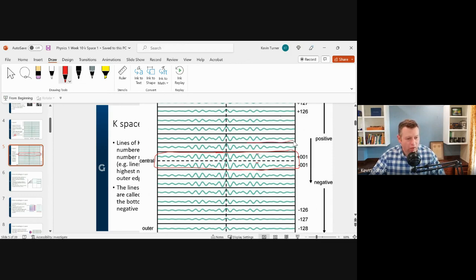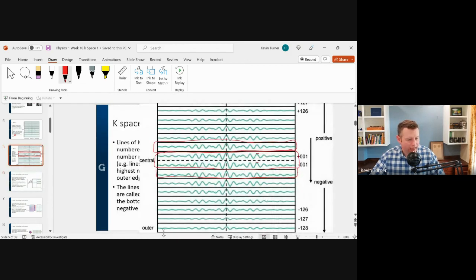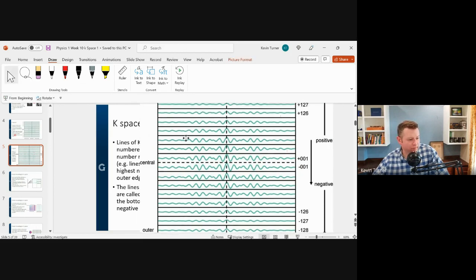And then we can see the echo in positive 2 is the same as the echo in negative 2. Just in the way the very last echo at positive 128 has the exact same shape as the echo at negative 128. So every time we go to collect an echo, each echo has a mirror image of itself in the positive and negative directions. We just know where they go because we knew the gradient was positive or negative.